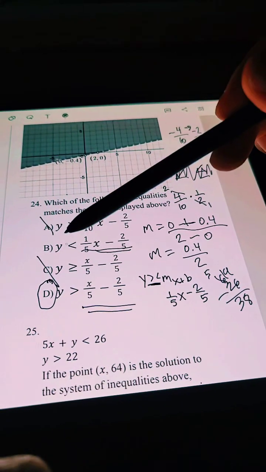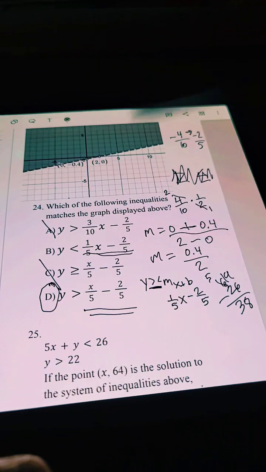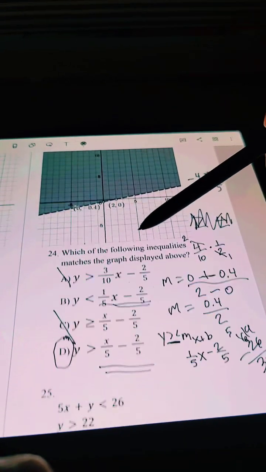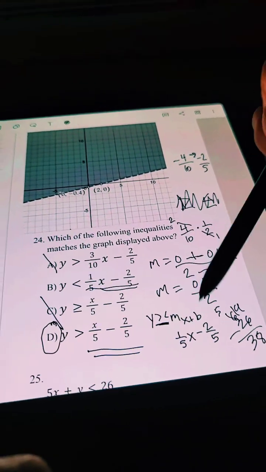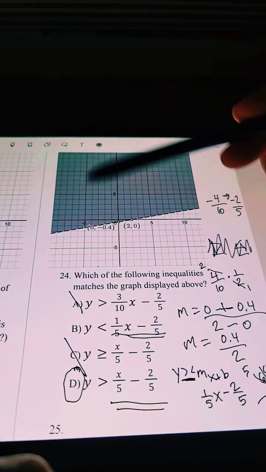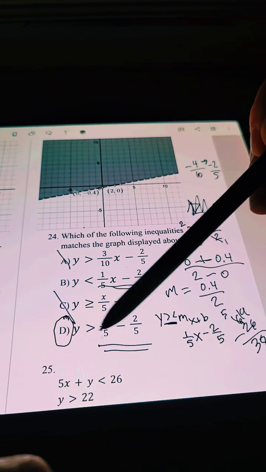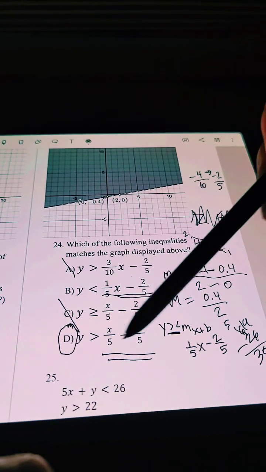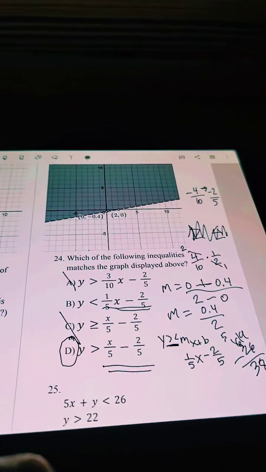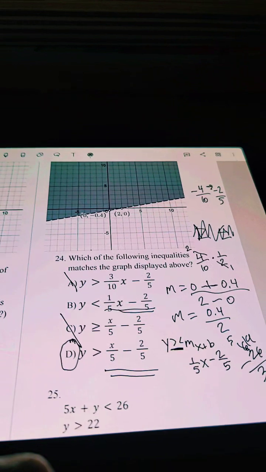So then we said, okay, we have to determine is it B or D? And the way to do that is to look at the shading to determine if it's greater than or less than. And it's shaded above the line, so that means that y has to be greater than that dotted line. So that's how we figured that one out.